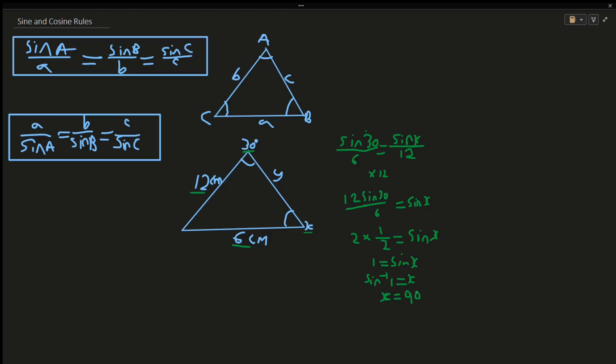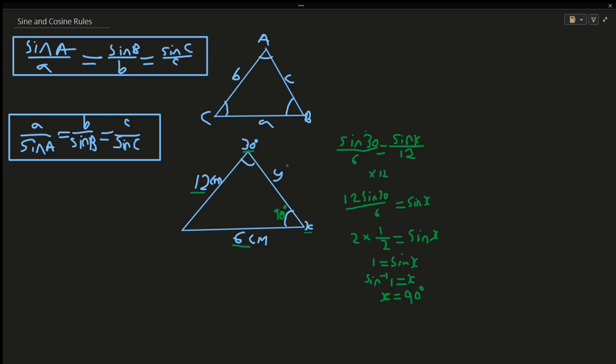Make sure your calculator is in degrees and not radians, unless you're being asked to do it in radians. But to follow through here, it needs to be in degrees. So x is 90 degrees. The triangle is not drawn to scale, so don't worry about the fact that it does not look like 90 degrees.